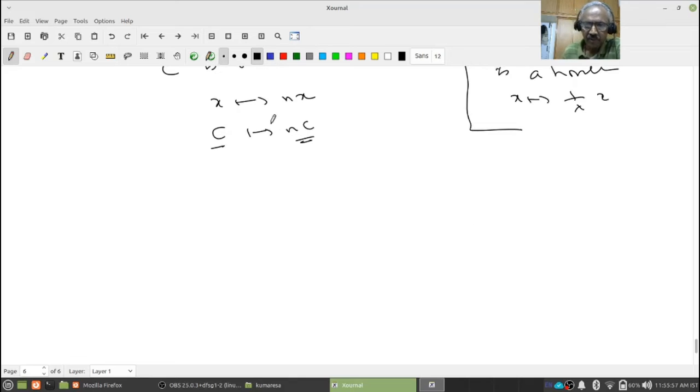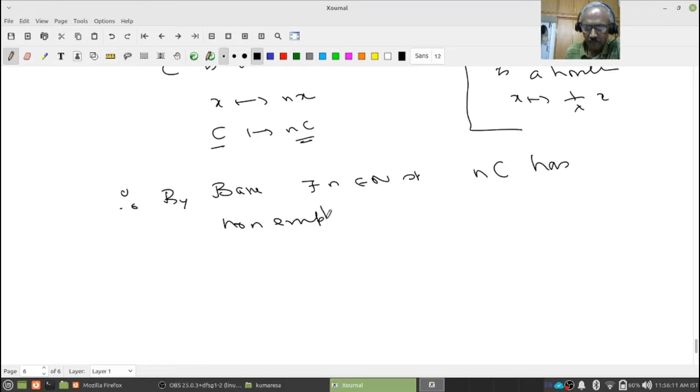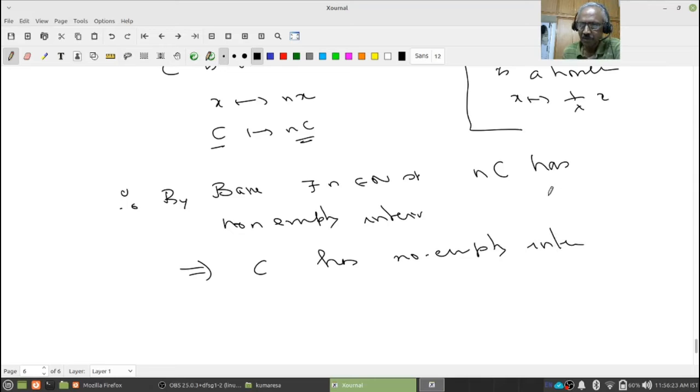Therefore, by Baire, there is an n in the natural numbers such that n times C has non-empty interior. This immediately implies C has non-empty interior. Why? Again the same reason. Look at x going to x over n. This is a homeomorphism.